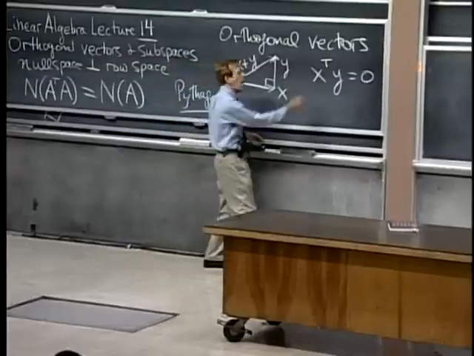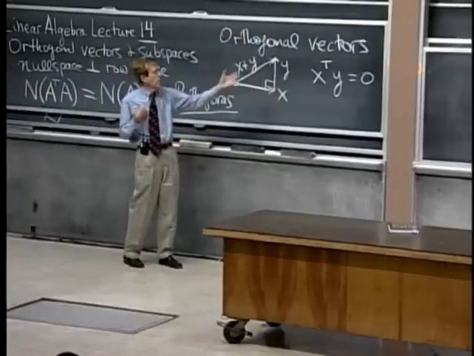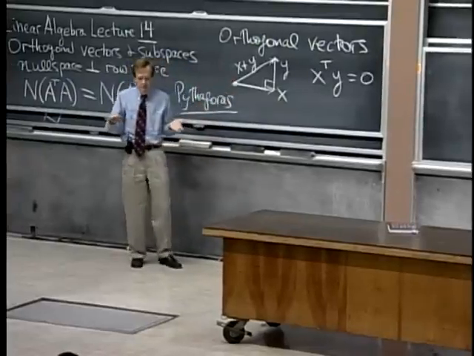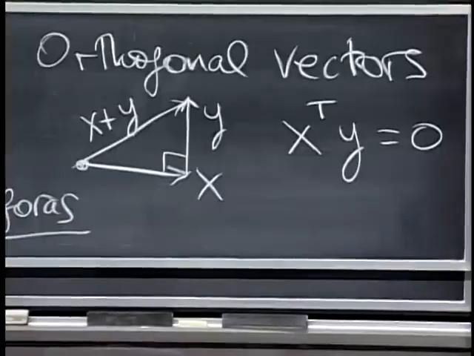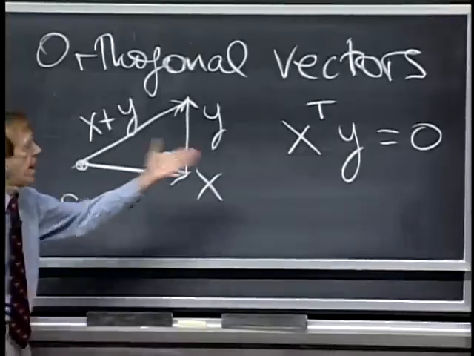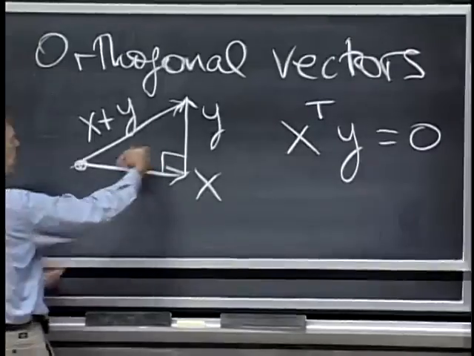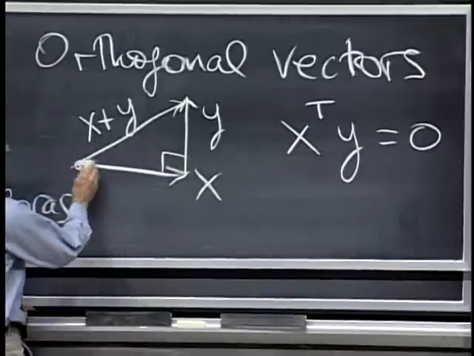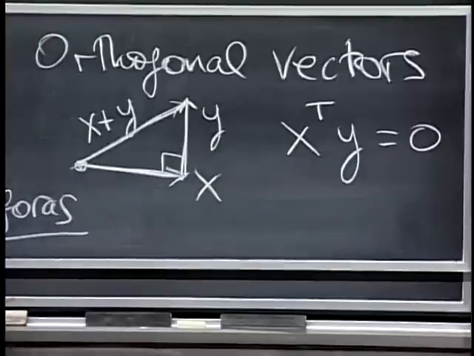Okay, now I'm answering the question, why? Let's add some justification to this fact that that's the test. Pythagoras would say we've got a right triangle if that length squared plus that length squared equals that length squared.